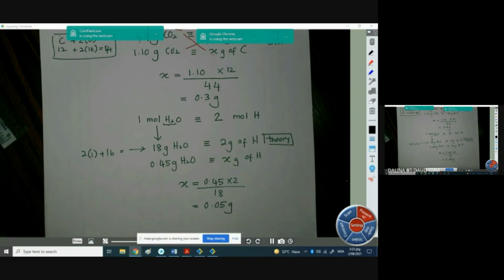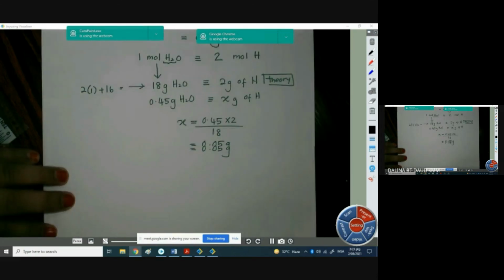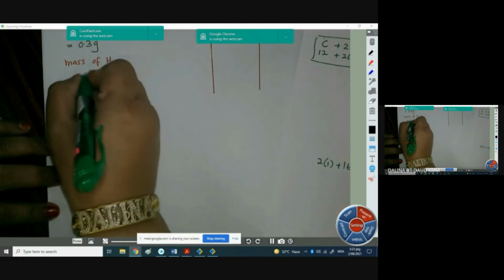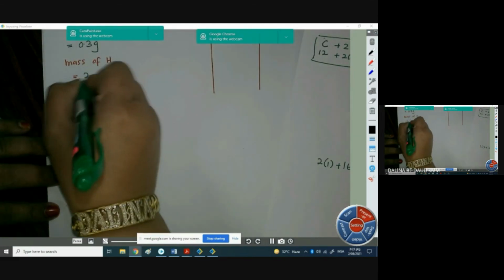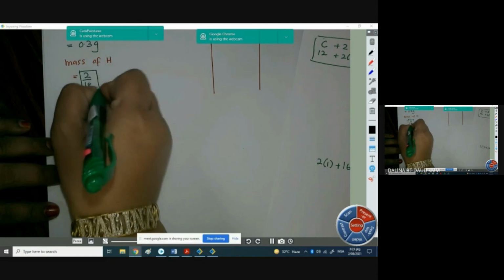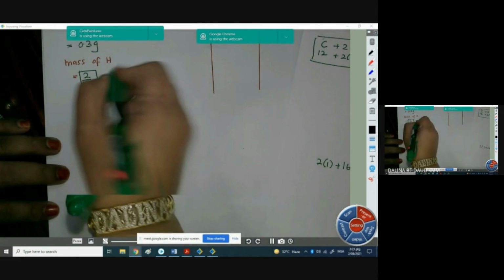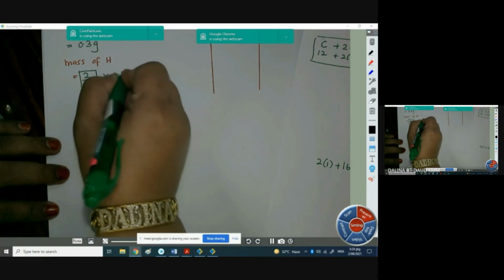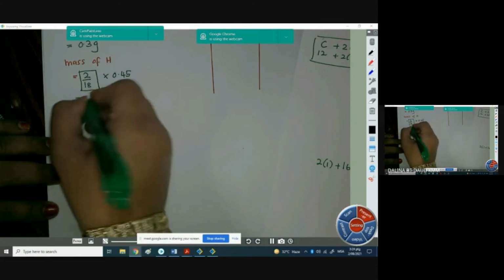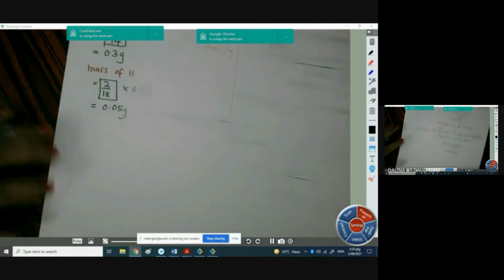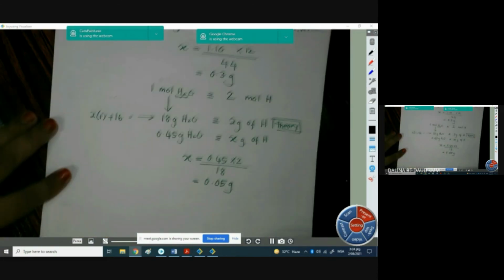Okay, so ataupun dekat sini kita boleh juga ganti 2 bahagi dengan 18. 2 tu 2 hydrogen bagi 18 gram of water. Darab dengan 0.45 equal to berapa? 0.05 gram. Okay, so minta snap dua-dua ni. Simpan. Okay, saya kecilkan sikit.